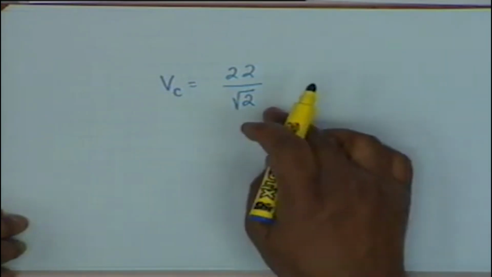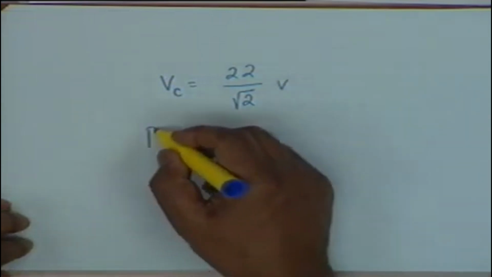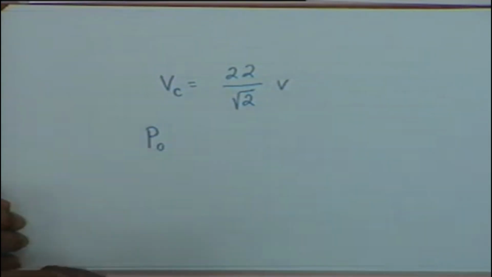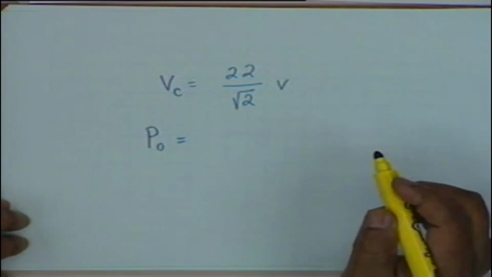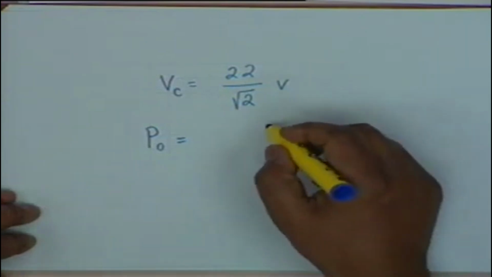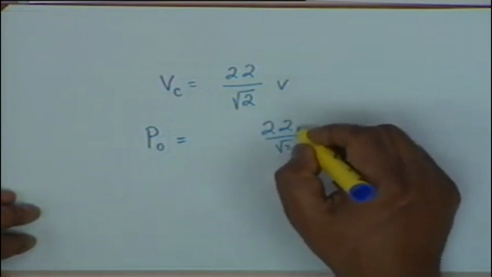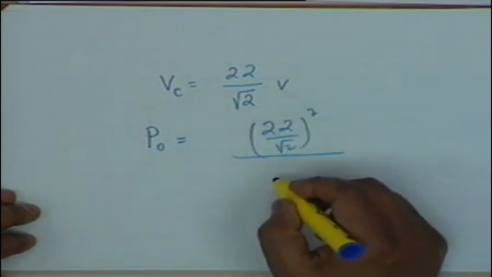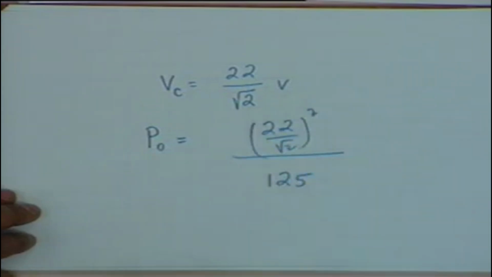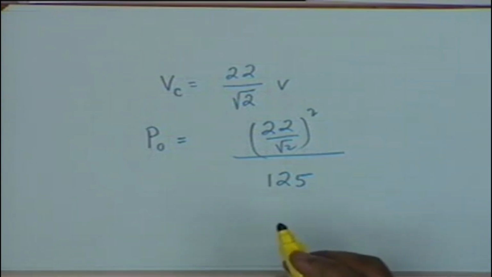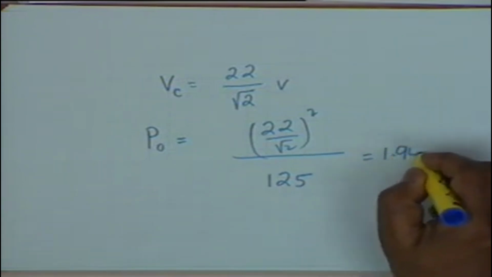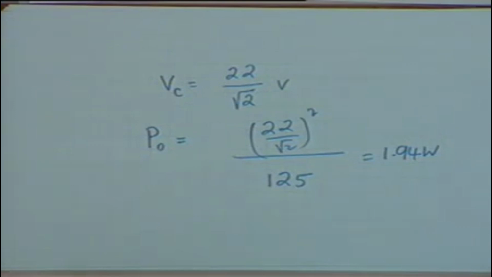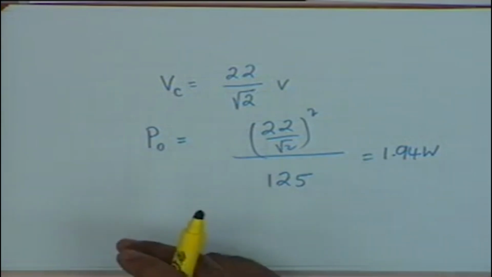Peak value divided by root 2 is this, and therefore the output power P0 shall be VC squared divided by RAC. So 22 by root 2 whole squared divided by RAC, which has already been determined to be 125 ohms, and this calculates out to 1.94 watts. All right, this is the output power.